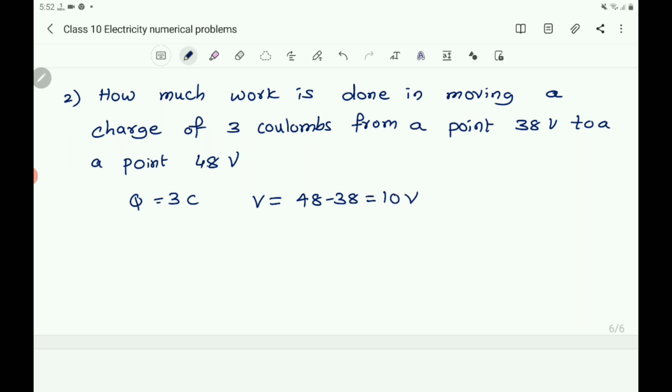Then you write the formula. What you have to find out? Work done. The right formula is W is equal to Q into V, that is Q is 3, V is 10, that equals 30 joules. 30 joules of work is done here.